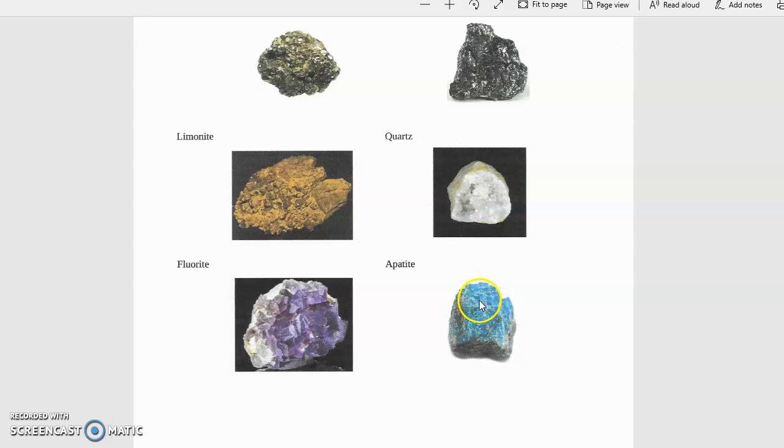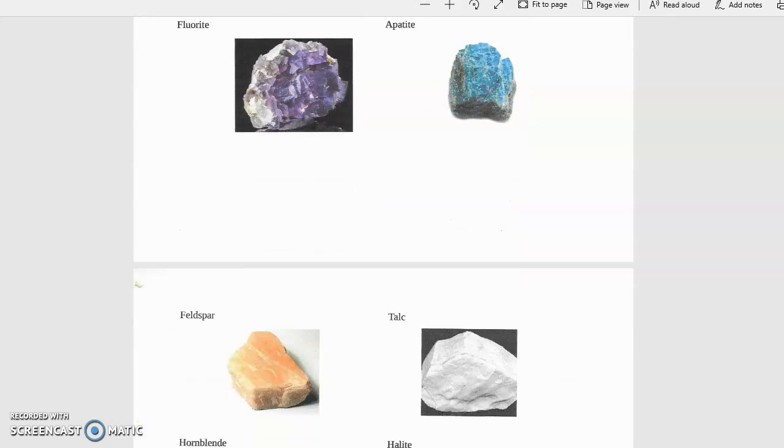Sometimes you can see little lines along here where it breaks along those, as if it's going along a conchoidal seam. And this is acid soluble. So if you put this in hydrochloric acid, which is one of the tests that they recommended, you could get that to dissolve. Okay. Now let's continue on to the next page.